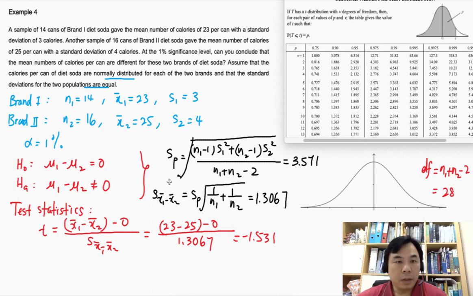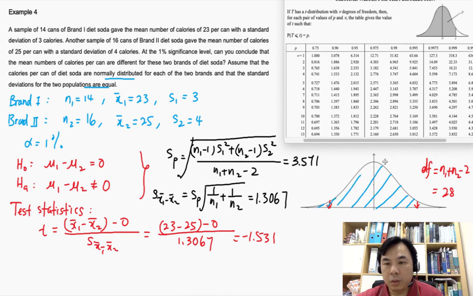And then next is the significance level is 1%. So therefore, this region that we are looking at, I'll try to label this, would be 99.5% because each tail here comprises 0.5%.